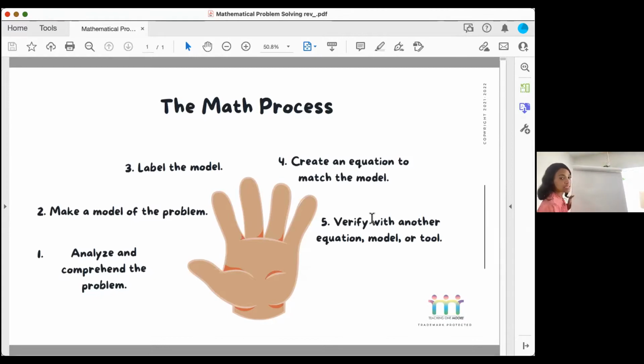So I'll use a really simple problem for the sake of time.